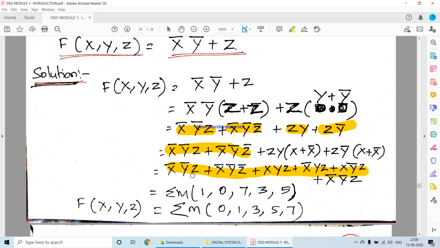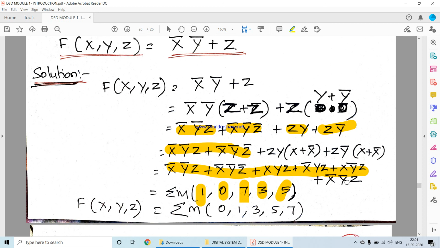Now what is x bar y bar z? 0, 0, 1, bar is 0. I hope you all know in minterm. Therefore 0, 0, 1 is what? Decimal value is 1. Now x bar y bar z bar will give you all three zeros. Therefore 0. X y z is 1, 1, 1, which is 7. X bar yz is 0, 1, 1, which is 3. Xy bar z is 1, 0, 1, which is 5.